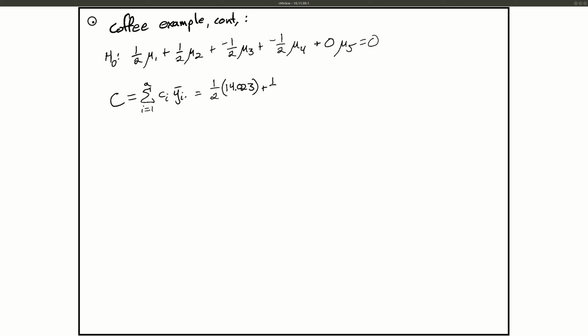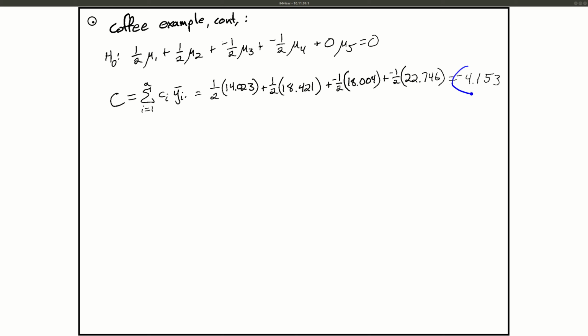We'll add that to 1/2 times our sample mean for recipe 2, which was 18.421, plus negative 1/2 times our sample mean for recipe 3, which was 18.004, plus negative 1/2 times our sample mean for recipe 4, which was 22.746. And then our fifth term is 0, so we won't write that. This comes out to negative 4.153.